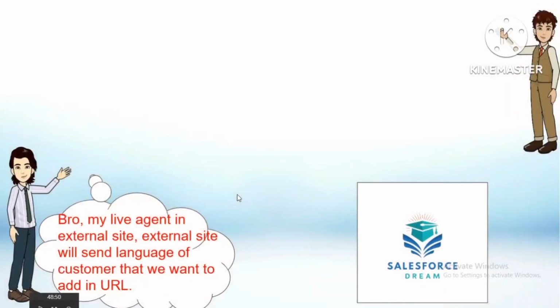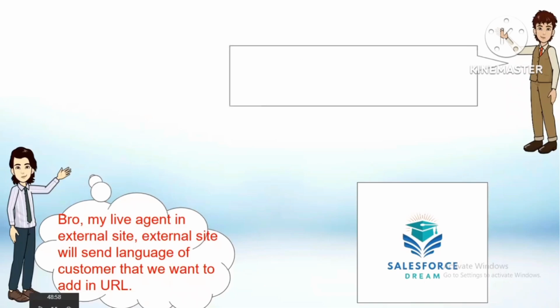Bro, my live agent in external site, external site will send language of customer that we want to add in URL. Okay. Yes, bro, we can use that. So just now, whatever the information is coming from pre-chat, we have used in our URL.